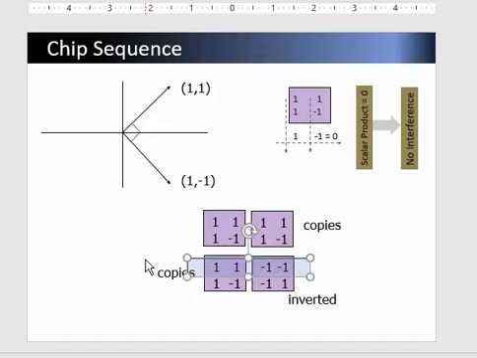The third one is 1, 1, minus 1, minus 1. And the fourth will have the chipping sequence 1, minus 1, minus 1, 1.